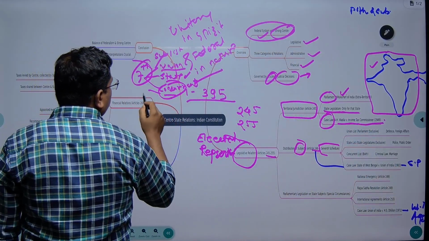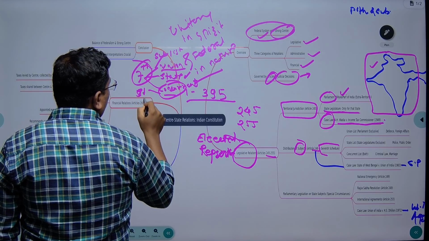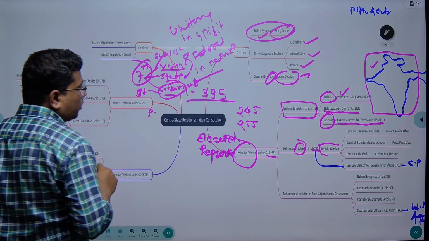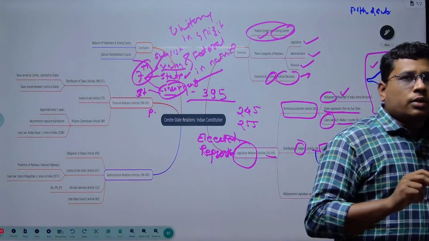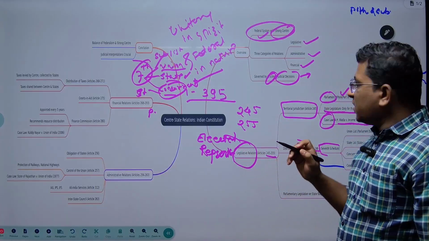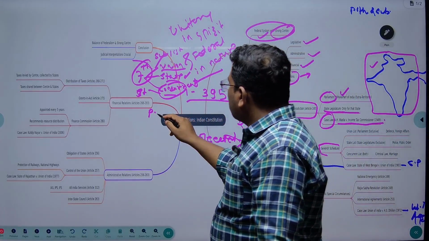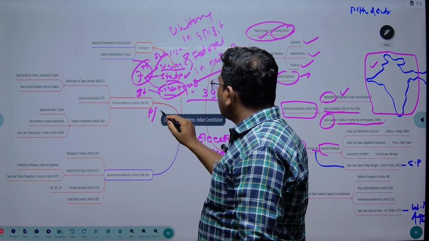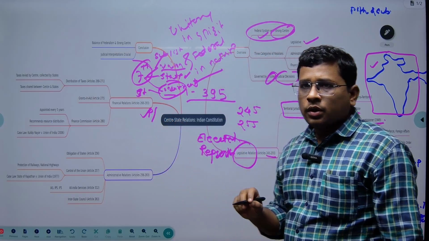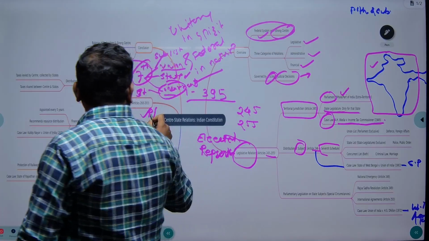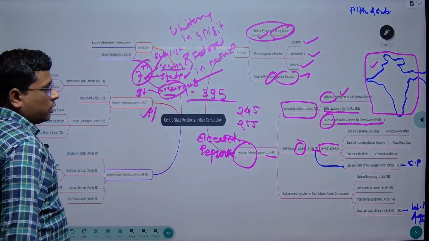Either state makes laws or parliament makes laws. But if the state and parliament's laws are repugnant, meaning contrary to each other, then the parliament law prevails over the state laws in the concurrent list.